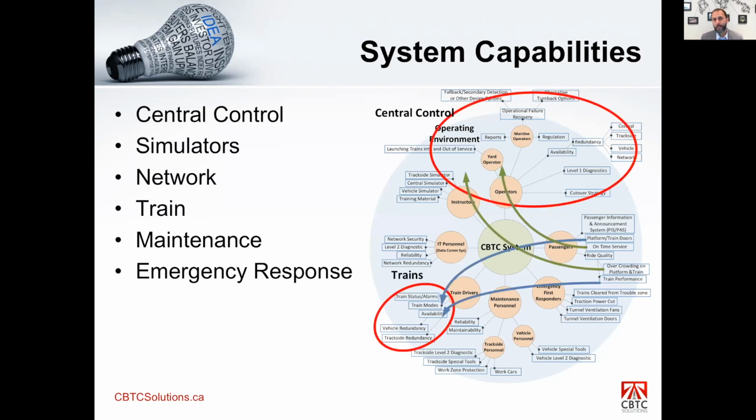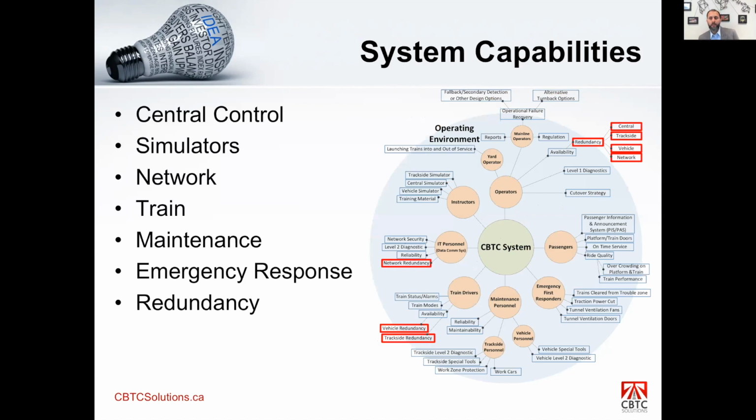Now for passengers, you can't really create a topic on its own, so we would feed some of their priorities and concerns into existing topics. If you look at the blue arrows, the platform doors and train performance are clearly train issues, so you'd put those topics into the train category. The green arrows for on-time service and overcrowding on the platform are more central type of issues, where you're trying to service a platform or make sure the system is on time. So we would feed those two topics into the central control category.